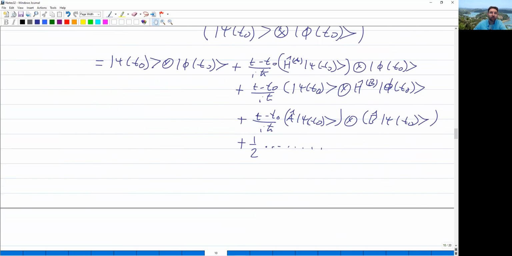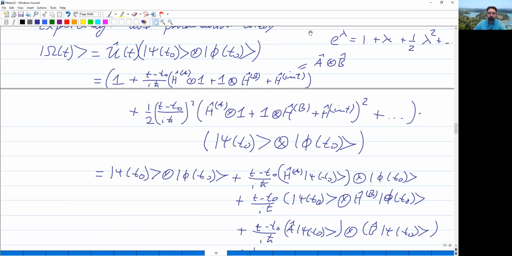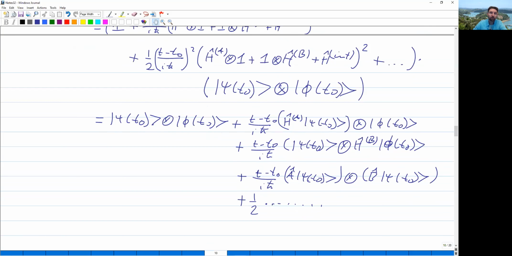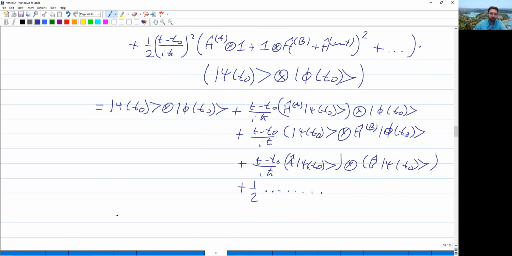Okay, so we know now how to calculate, in principle, what the time evolution is of the initial state. And one conclusion we can draw from this is that this, generally, is not equal to some vector tensor some vector, right? It's not.